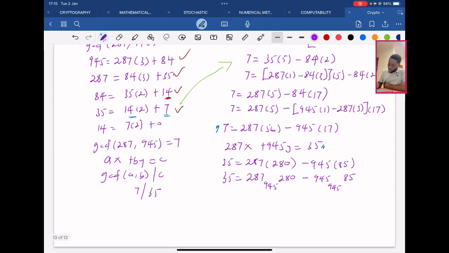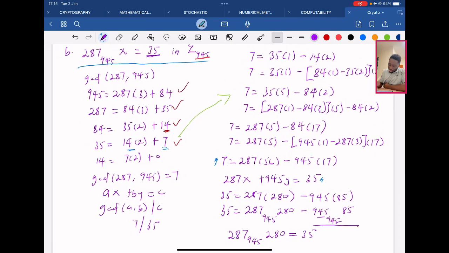Now, 945 times 85 modulo 945 will always give you 0. Since this and this are the same, you are always going to get 0. So our equation will be left with 287 modulo 945 times 280 is equal to 35.